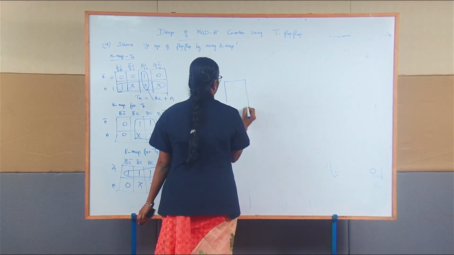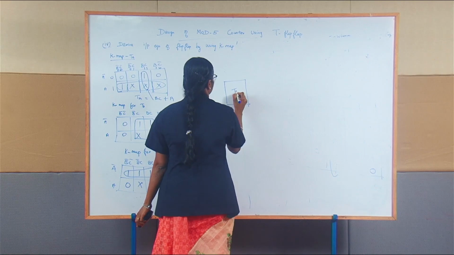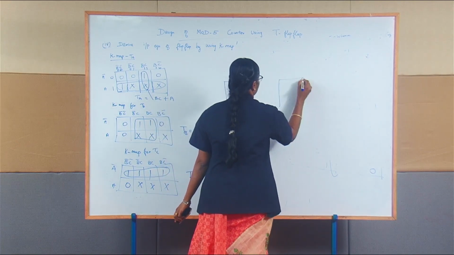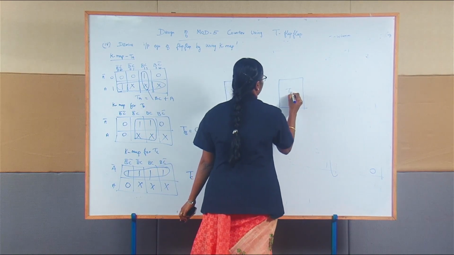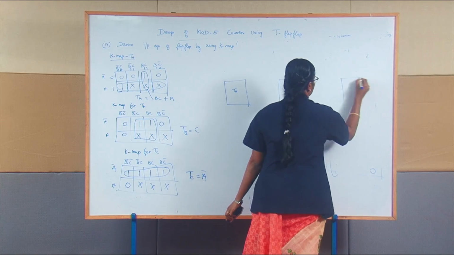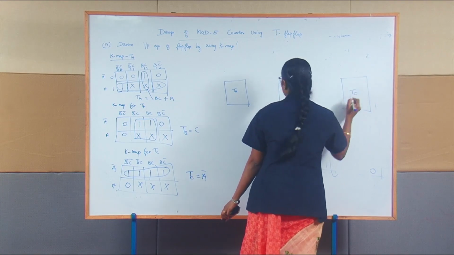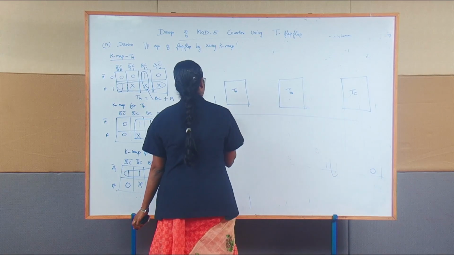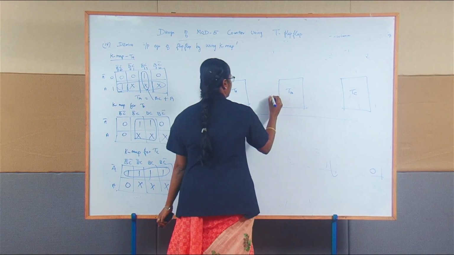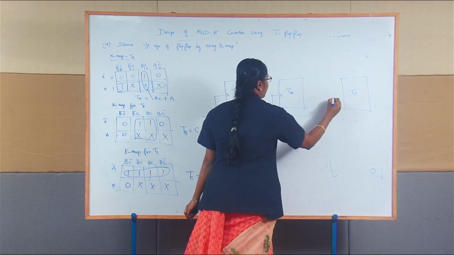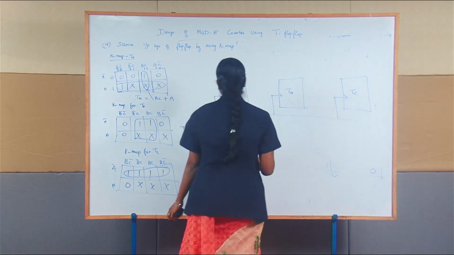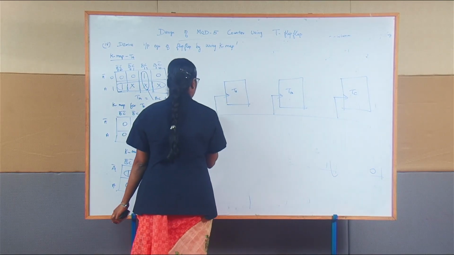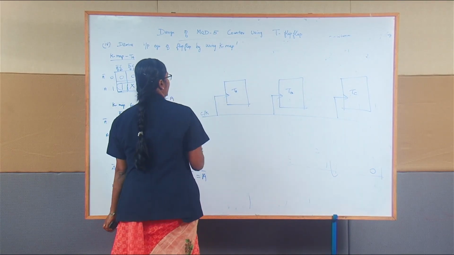So we can put 3 flip-flop blocks: this is TA, this is TB, and this is TC. As I said, a modulus counter is a type of synchronous counter. We are going to give the clock pulse simultaneously to all the 3 flip-flops, and this is the clock input.